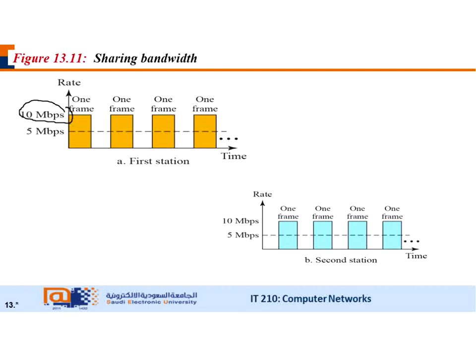When one station is sending, the other one refrains from sending. So we can say that in this case, each station on average sends at a rate of 5 megabits per second.